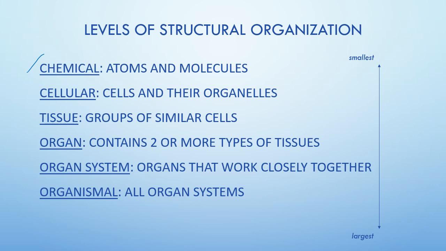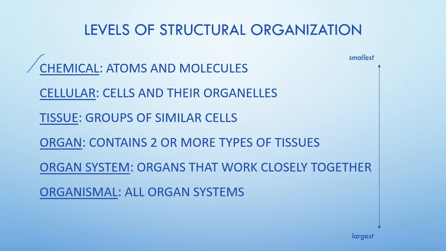We'll look at the chemical level in our chemistry, and a little bit of biochemistry as well. From those atoms and molecules, we develop cells. Cells are made up of all the different compounds that we have there. Those cells have the ability to come together and do common jobs, and so they form a tissue.